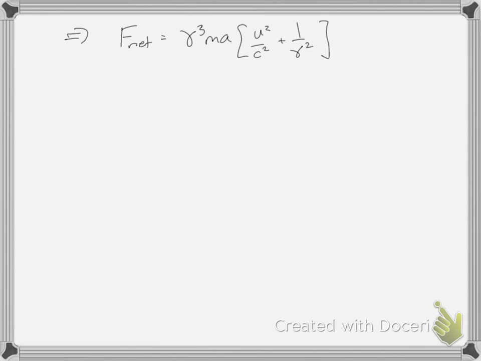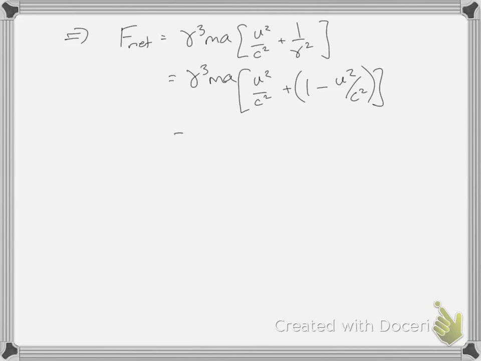So just rewriting on a new page, this is what I've got, and so now I've got to simplify what's in the brackets. So we've got gamma cubed ma, u squared over c squared plus 1 over gamma squared, which is just 1 minus u squared over c squared.